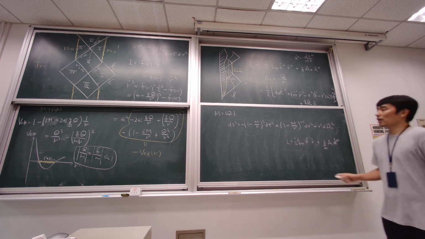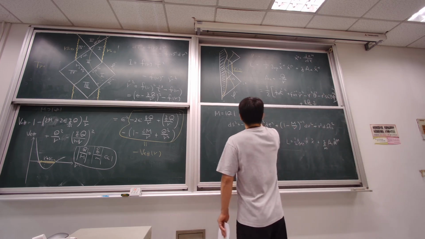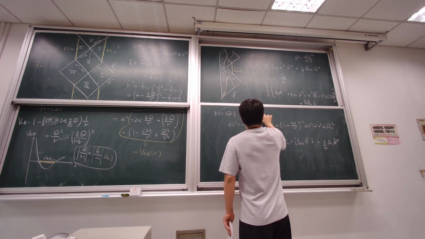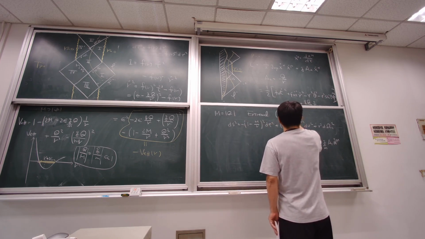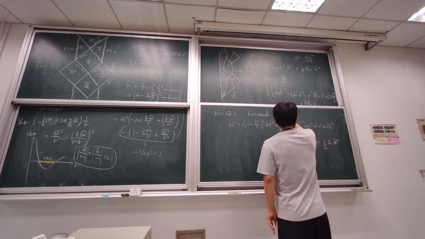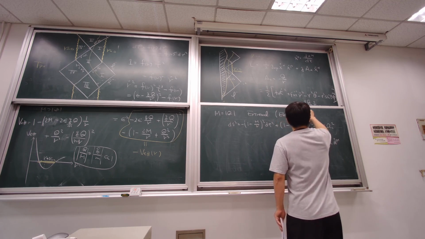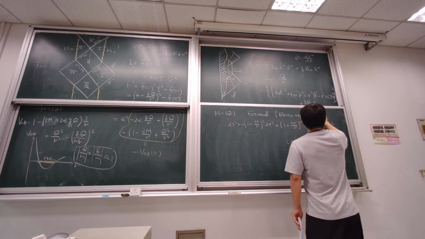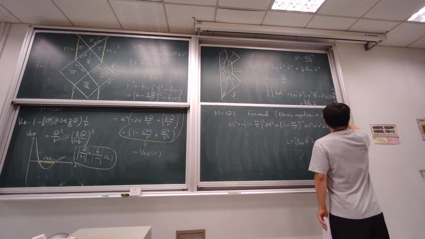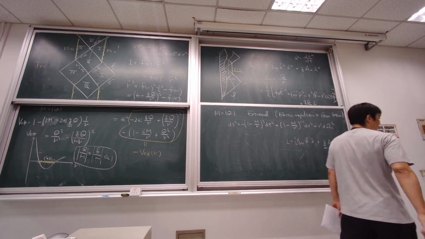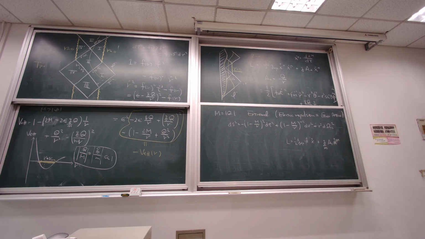So this is called the extremal case. This is the charge equal to mass, which means the electrical repulsion is equal to the gravitational attraction, roughly speaking.